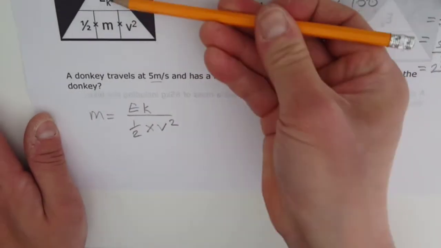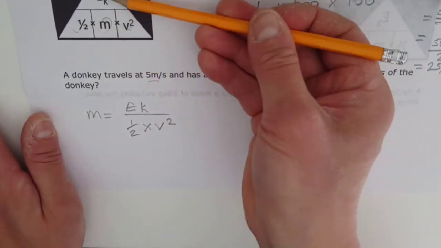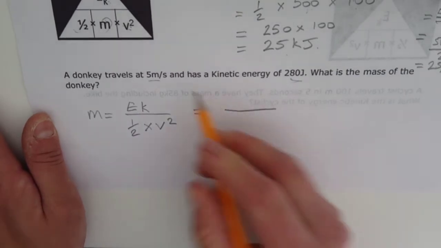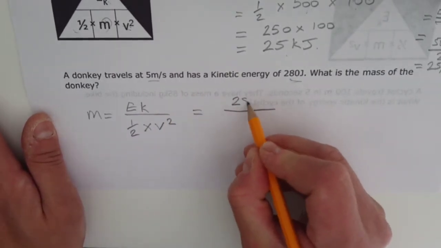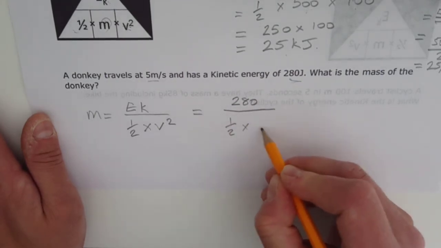Okay, because that's on top. Once we take this out, this is what we've got left on the bottom. So it's the kinetic energy divided by this. So we'll equal that. We're going to have the 280 divided by the half times 5 squared.